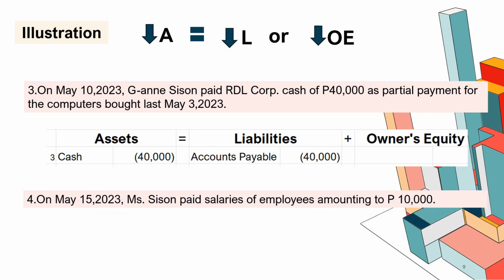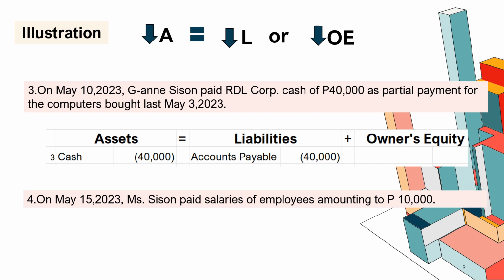Number 4, on May 15, 2023, Miss Season paid salaries of employees amounting to 10,000. Again, the same question, what items in the accounting equation are affected? Since there is a payment of salaries, of course, our cash or GN's cash was affected, and that is an asset.